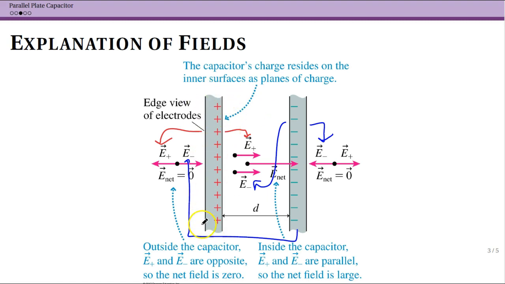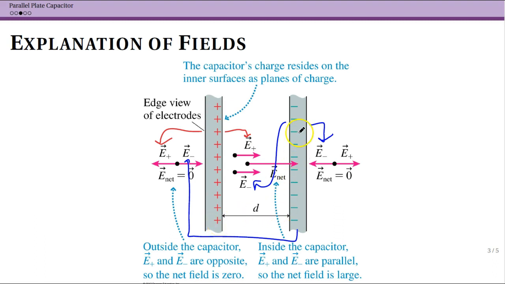This positive plane of charge does not, remember this is an edge view, does not in any way block the field. Now, there's going to be some situations later that we talk about fields inside conductors, but a fundamental thing is that this is not blocking the field.